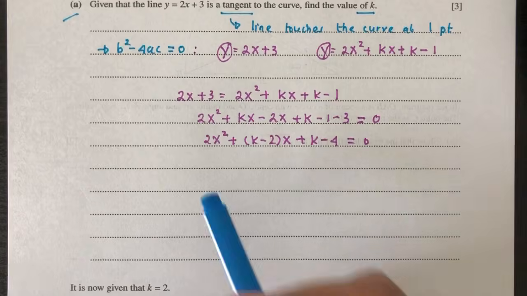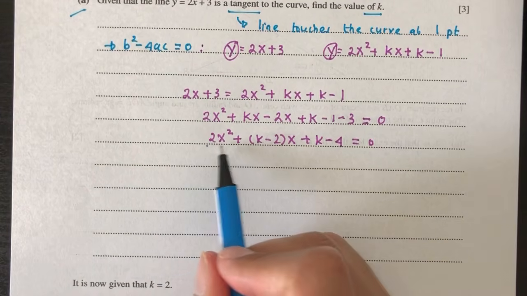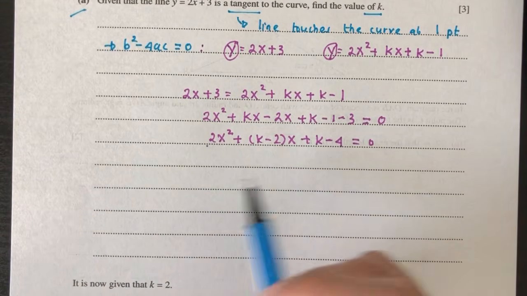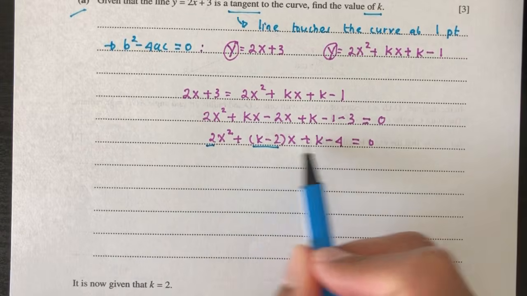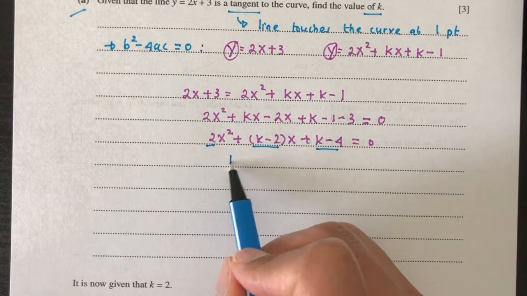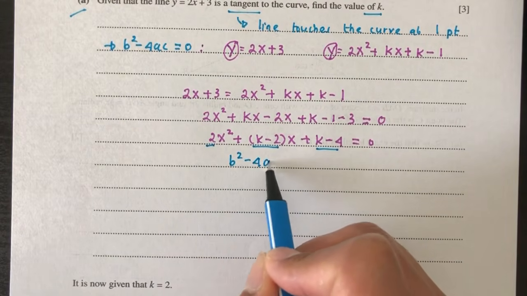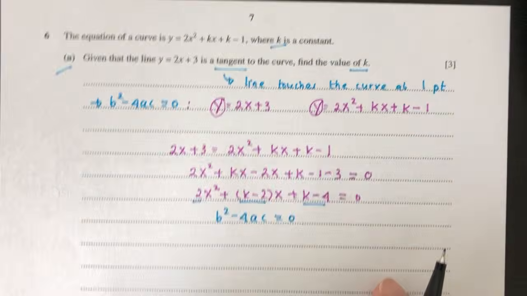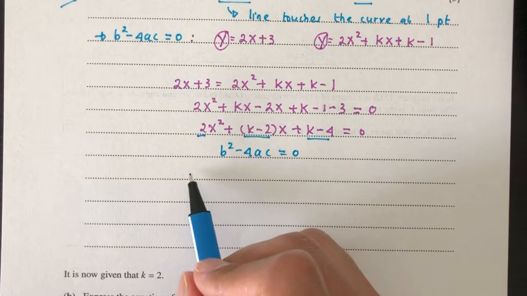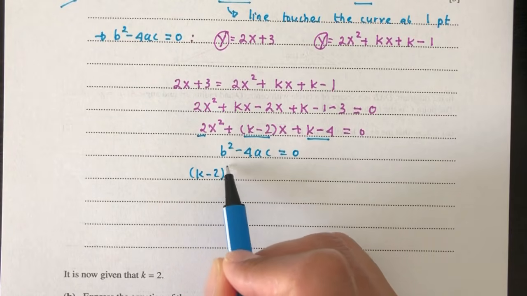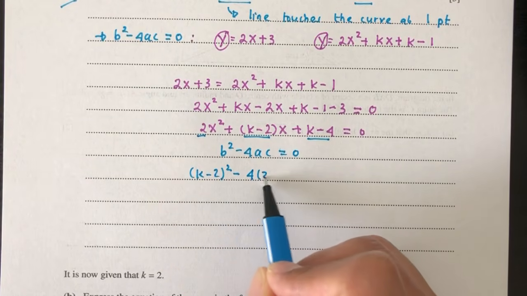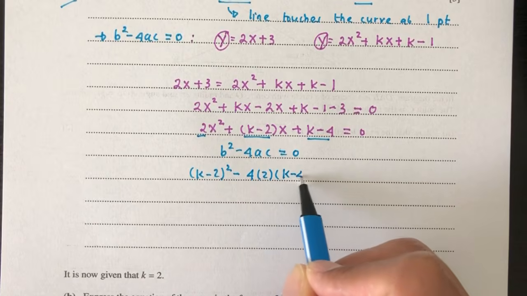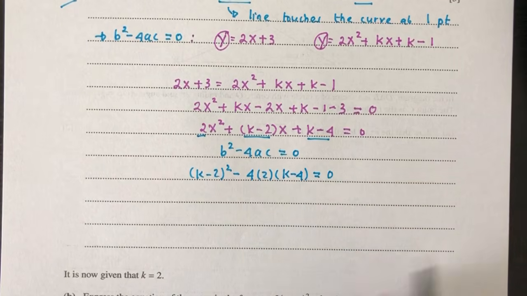Now if you observe, your equation is in the form of ax squared plus bx plus c. This is a, this is b, and this is c. So we know that b squared minus 4ac equal to 0 according to this information. Now let's solve. b squared will be k minus 2 squared, minus 4 times a times c, which is k minus 4, equal to 0.